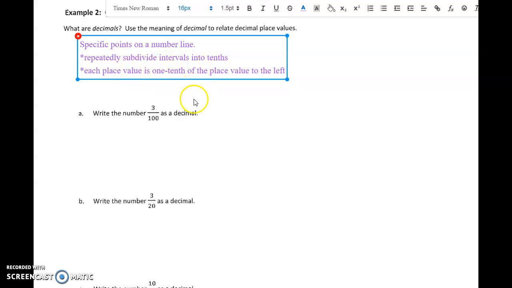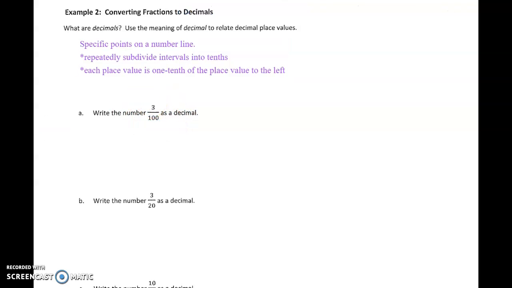Remember, this lesson is on writing or converting between fractions and decimals. And when we can, we want to use equivalent ratios. So this 3/100ths right here, if you say it correctly, this is telling you what the answer actually is.